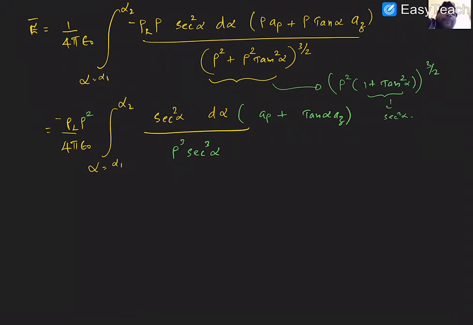Okay, now what happens here? Sec square and sec cube, and you have rho square and rho cube, so this will become minus rho L into rho divided by 4 pi epsilon 0. Alpha changes from alpha 1 to alpha 2, and this becomes 1 over sec, and here it becomes 1 over sec.